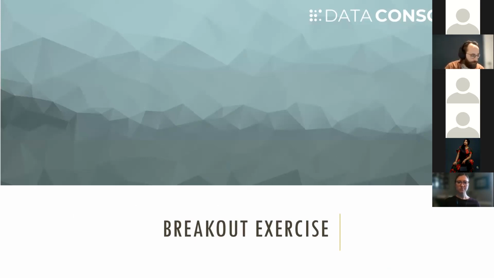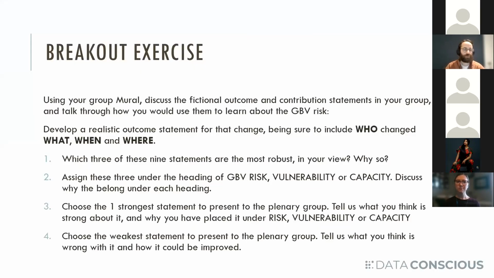But I want to do one more breakout exercise before we do the wrapping up. And this is hopefully easier because you just need to critique what's on the mural. If you go back to your groups, the same groups as before, what I need you to do is think through the bottom of the mural.